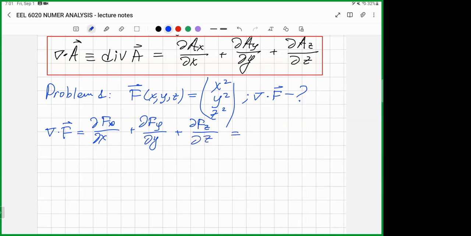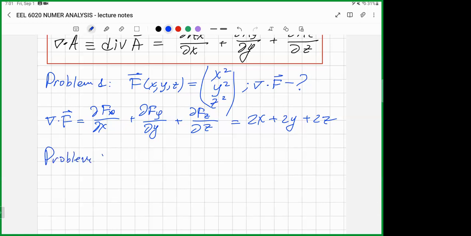And dFx over dx is equal to 2x, and the same for y, so it's 2y, and the same for z, so it's 2z. So the answer is 2x plus 2y plus 2z. Again, the result of divergence is a scalar function, it's not a vector, it's a scalar.